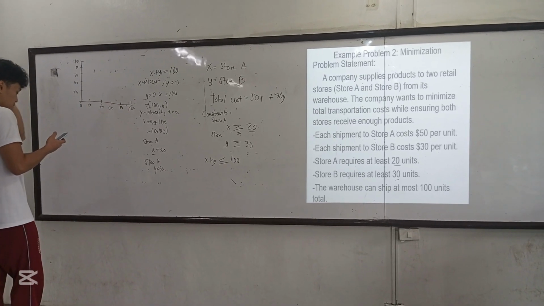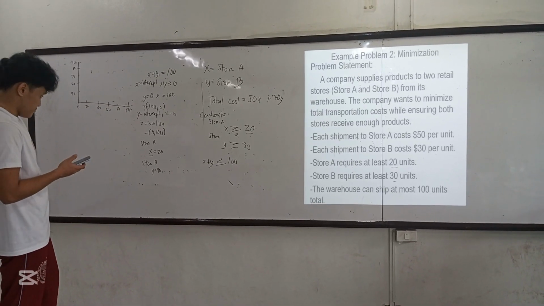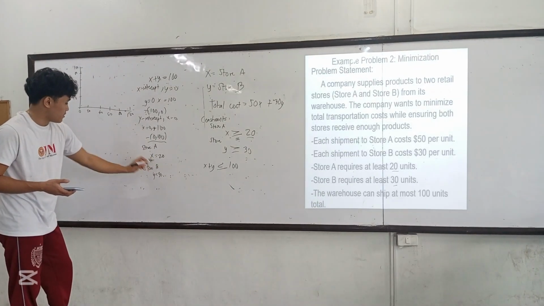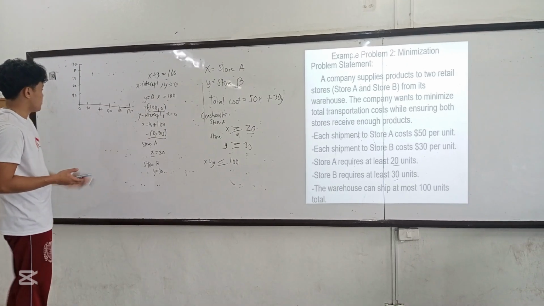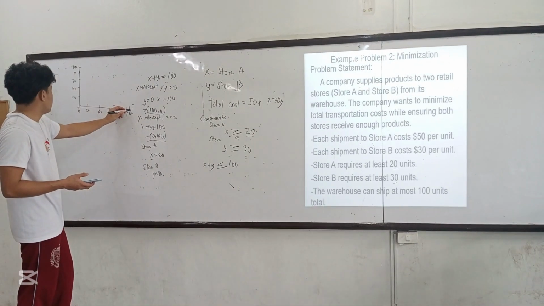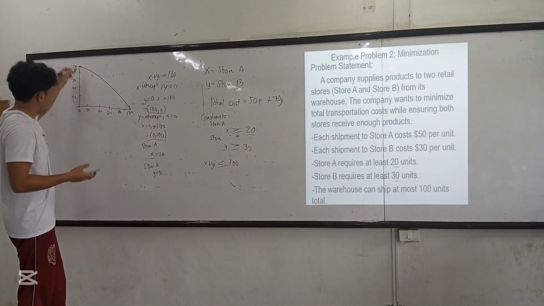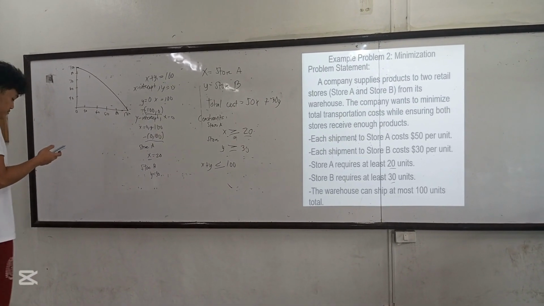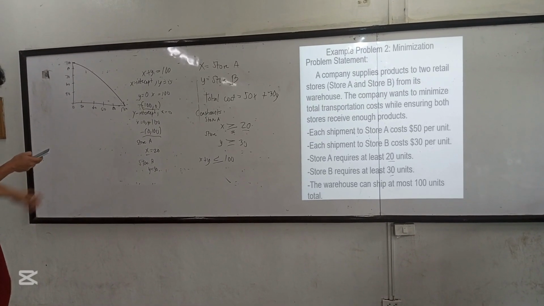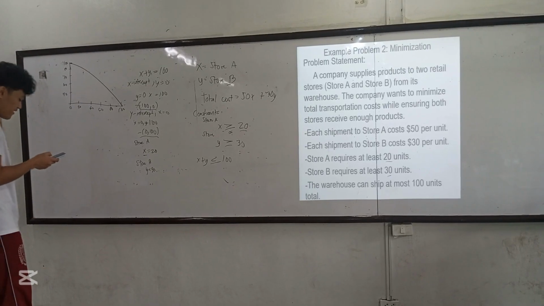Then graph the points from 0 to 100 on our x axis and y axis. Next, we have graphed the points. And next, we must find the feasible region.